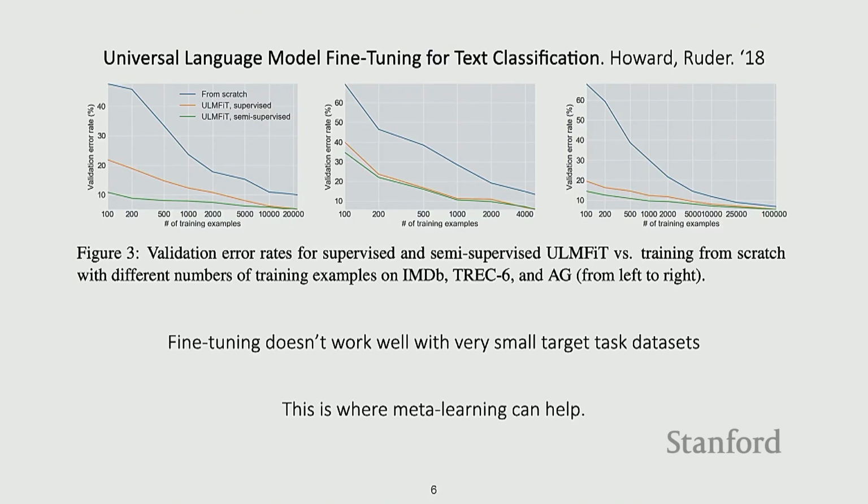Are there other ways of encoding knowledge from the training task other than just transferring the weights over to the new set? Yeah, so transferring the weights is certainly the most popular approach. There are other approaches in the domain adaptation literature. You can also use things like multitask learning.